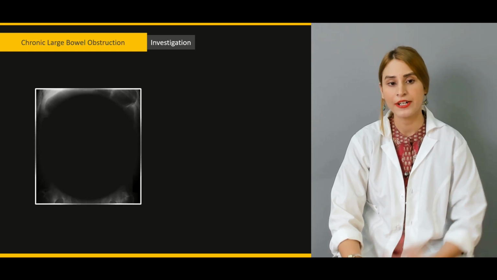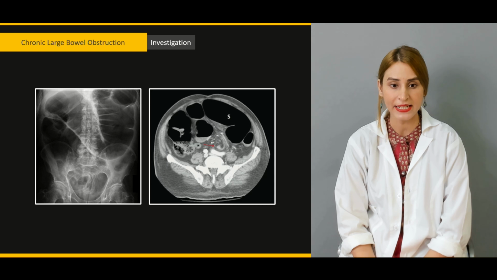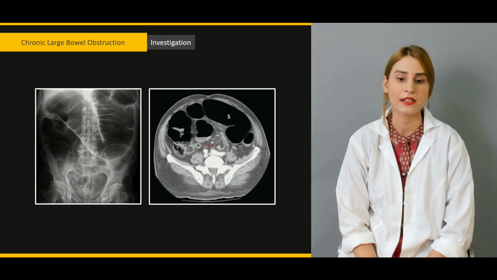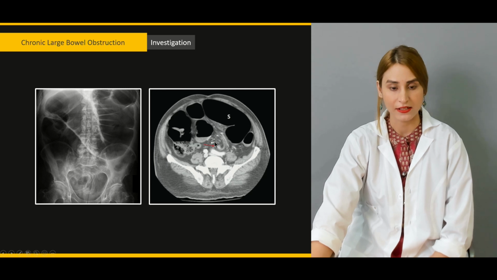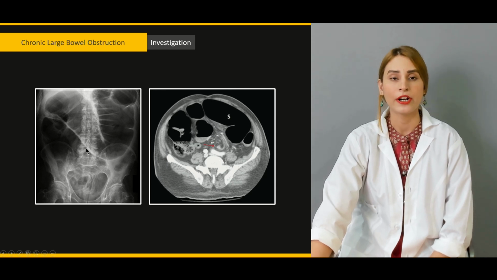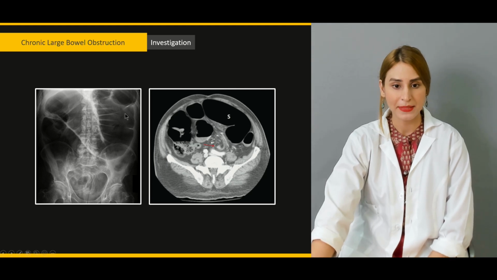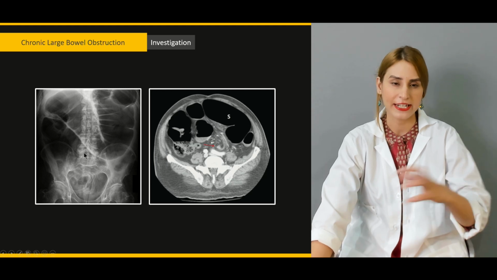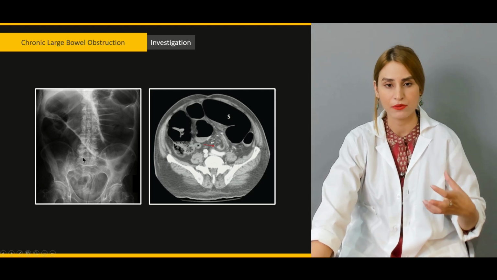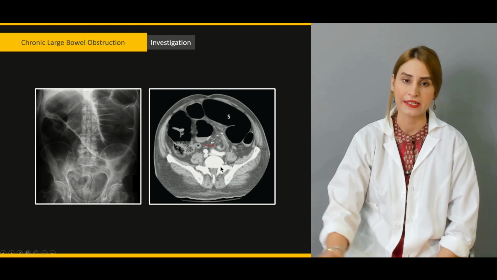For investigation, again, you will do the barium enema, and obviously you will also perform the CT scan or the X-ray abdomen. This is the X-ray abdomen, and you can see the dilated gut loops indicating chronic large bowel obstruction, and you can also see these dilated portions in the CT scan.